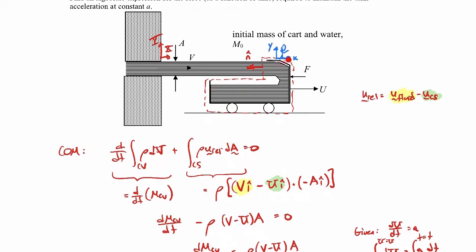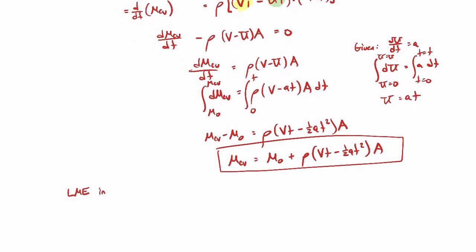So it's actually accelerating. I don't have to do it that way. I could still go back and use our fixed coordinate system here, but I find it easier to use this coordinate system for these. It's usually easier to use a coordinate system fixed to the control volume if the control volume is moving. So I'm going to do it from that perspective here.